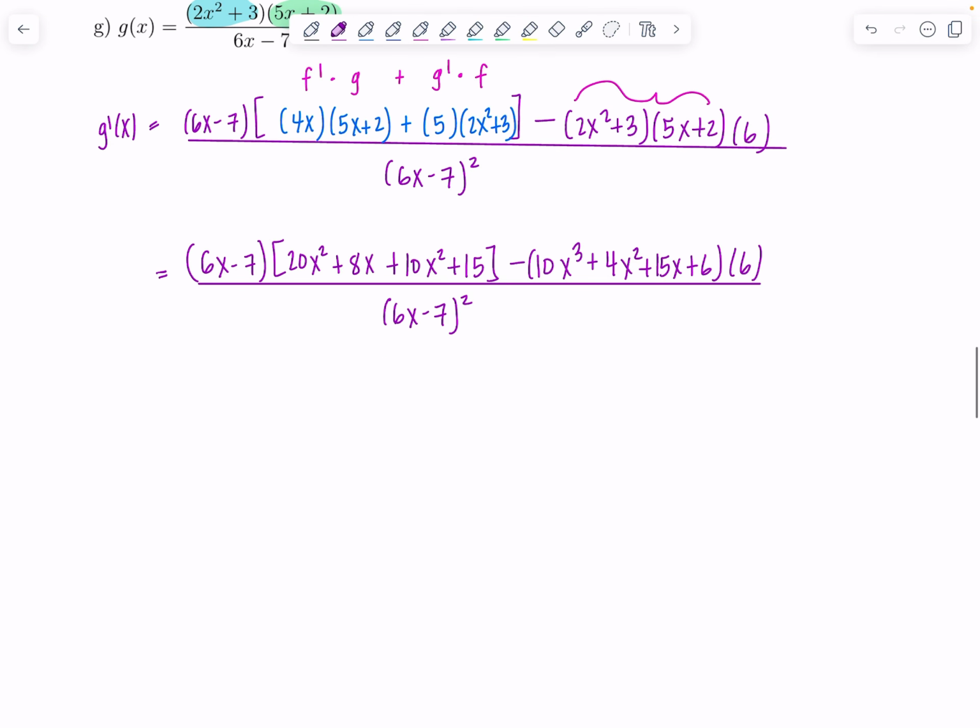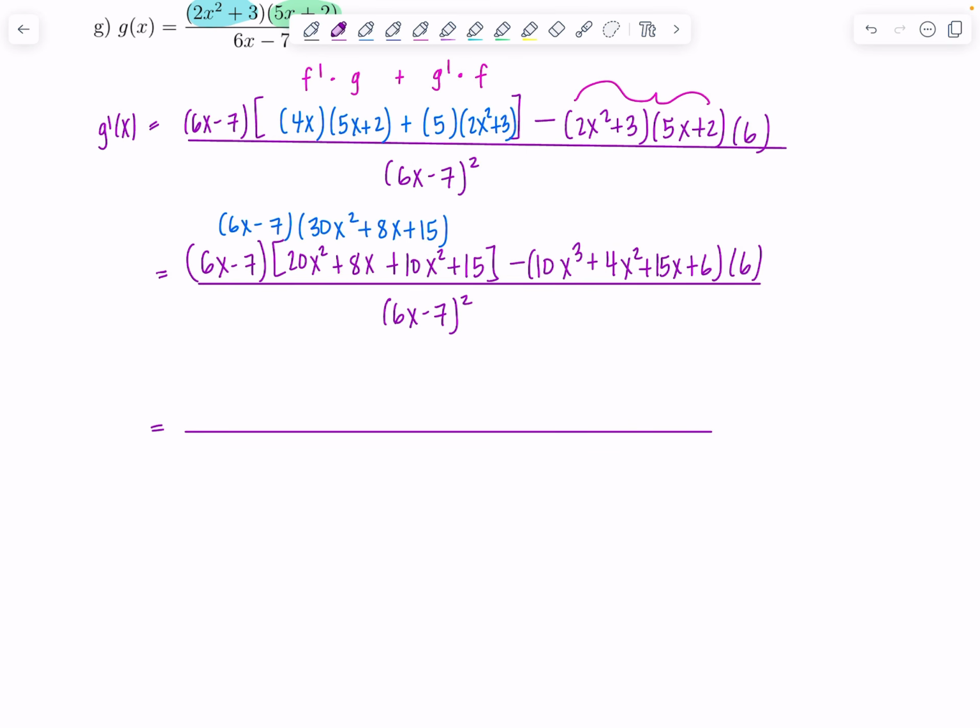Okay, good. Now, before I FOIL all this out, I'm noticing I have some like terms I can combine, so definitely take care of that because then you'll have less things to multiply. So this is going to be, let me just rewrite these two parts here so we don't have to rewrite the whole problem. This is 30x squared plus 8x plus 15. That's what I'm going to multiply by 6x minus 7.